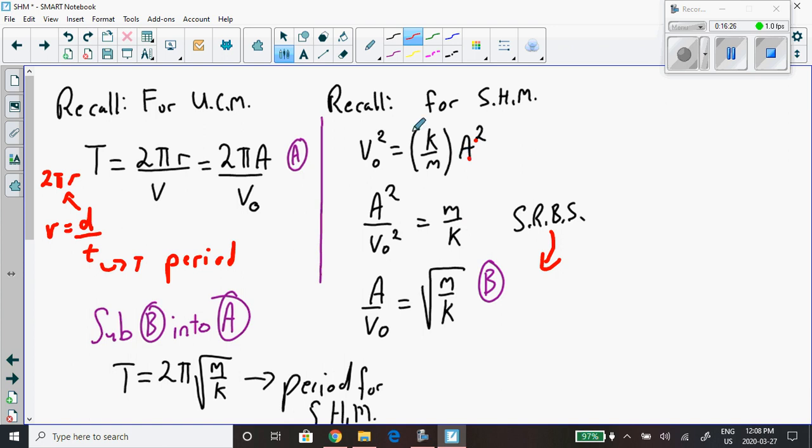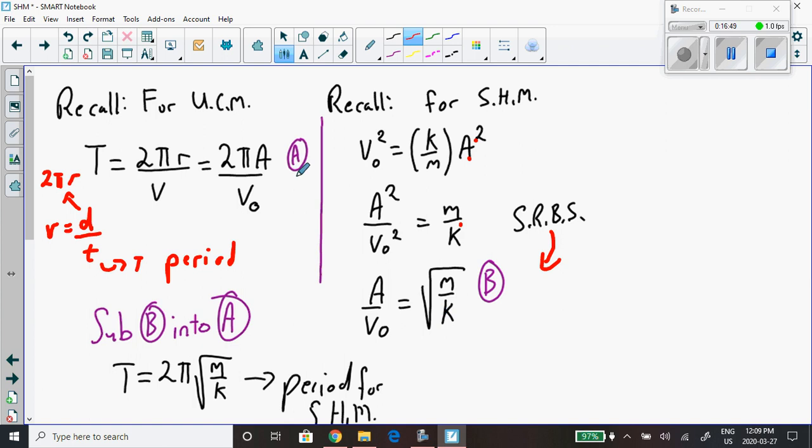I'll let you work on this to see how it becomes this next line. It's good for your brain. And we have amplitude squared divided by V naught squared, the speed squared when it is at the rest position, is equal to m over k. And I'm going to square root both sides. So I have a over v naught is equal to root m over k.